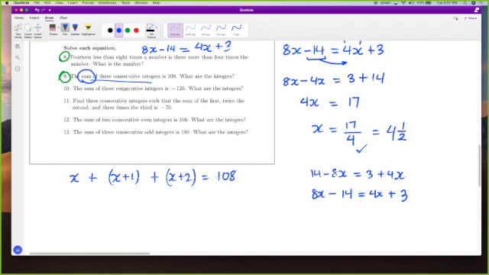And so x plus x plus x, that is 3x plus 3 is equal to 108. I added the 1 and the 2. Right? And so now 3x is equal to 108 minus 3 is 105. And x will be 105 divided by 3, which is 35. Thank you very much.